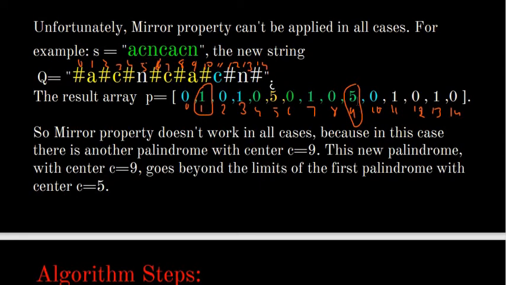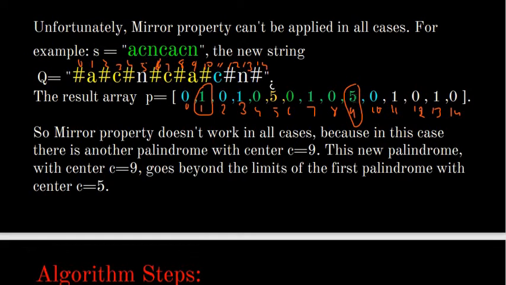But these two values are not the same, because the second palindrome at index 9 goes beyond the limit of the first palindrome. In that case, we update our center. Initially our center was at index 5; if we update it to 9, that is the new center, and the right limit is also changed.